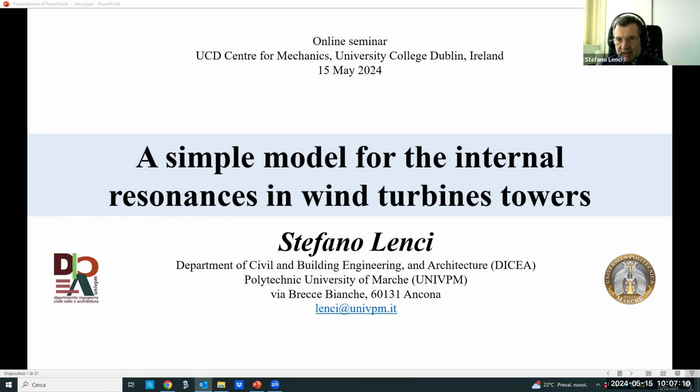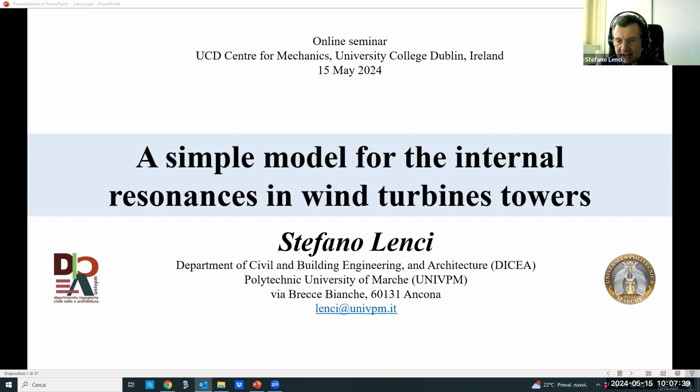So the keywords are basically three: wind turbines tower, internal resonance, and, from my point of view, a simple model. I like to have simple models. I believe that to study the phenomena, you do not need the full model, with 1 million degrees of freedom finite element models, and so on.